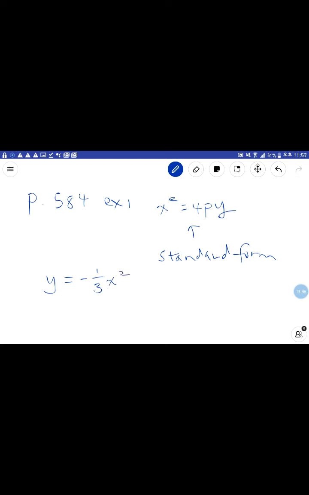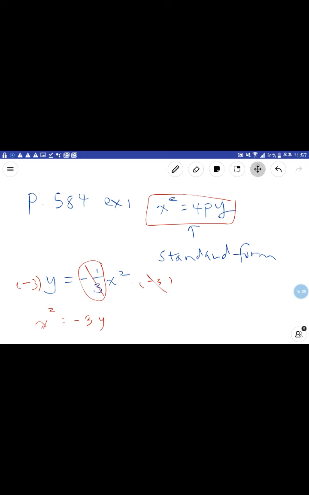I am really familiar with that because that's a quadratic function. But my standard form should be x squared equal 4py. But I have a negative 1 over 3 here, which is not exactly matching it. So you are going to what? Times negative 3 on each side, so that I can cancel that one out. Then I have x squared equal negative 3y.